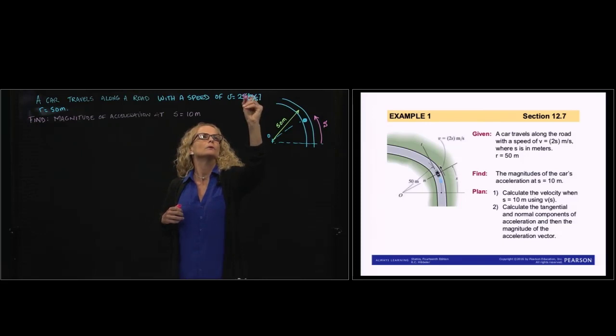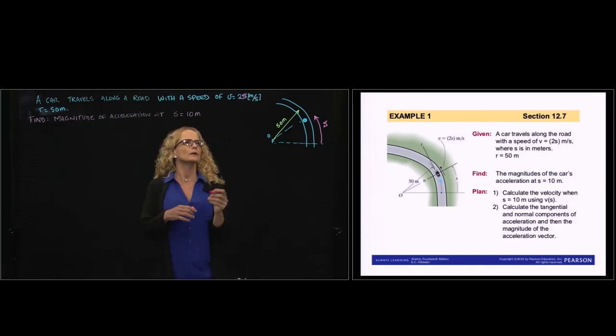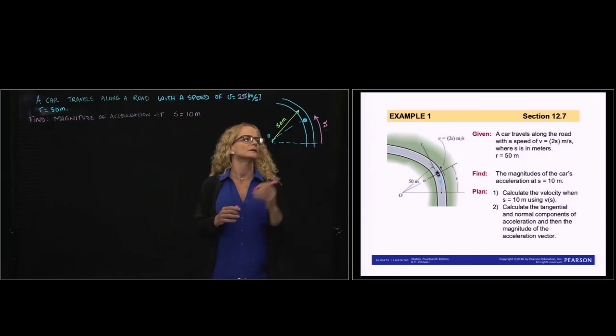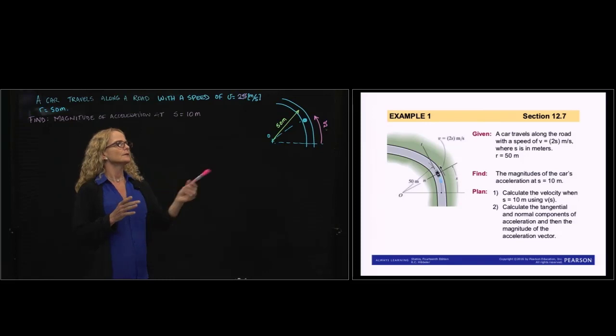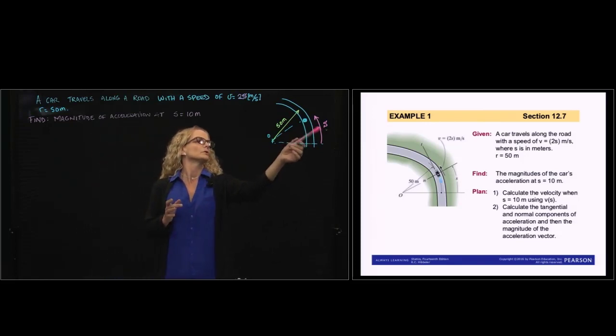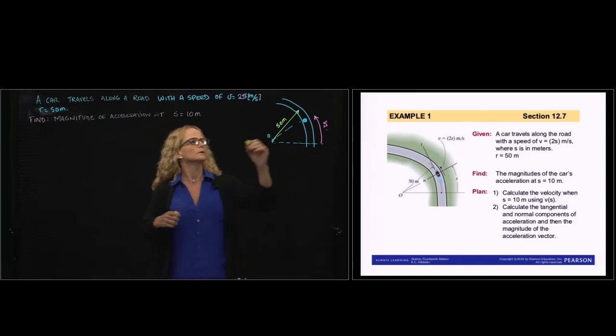If you look at this s, I'm going to put it in pink because I wrote this in pink, the velocity is given in terms of that path that the car is traveling along the road. And we are also given the radius of curvature of the road.